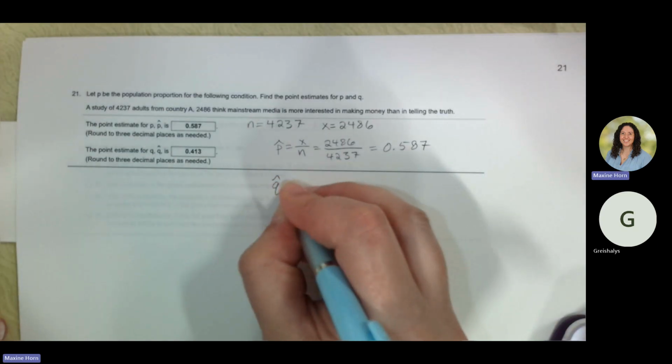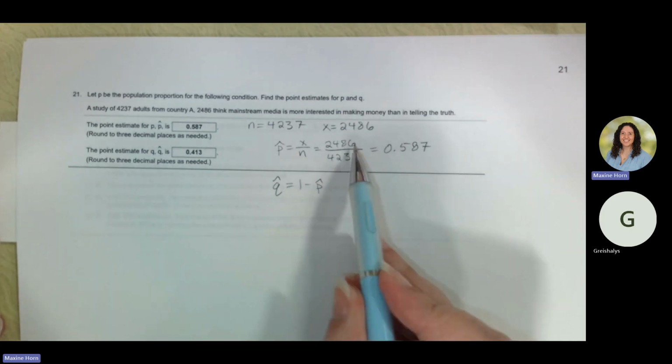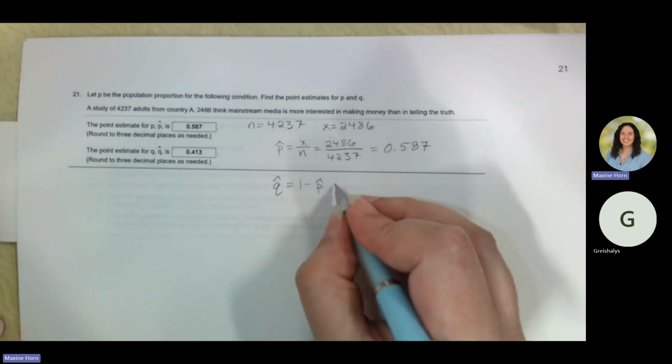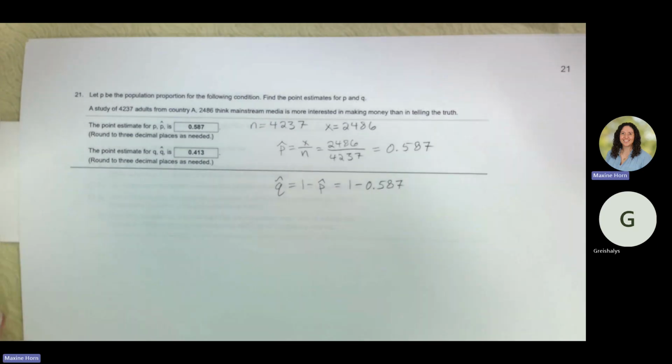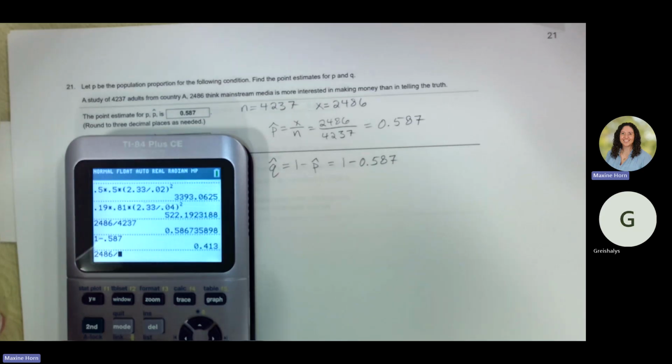So remember, q hat is the complement of that. It's 1 minus p hat. Now, if you wanted to, you could do it as a fraction. I'm going to do it as a decimal first because that's going to be the fastest way, because I'm just going to subtract this decimal, right? I'm just going to say 1 minus 0.587, or when I was at 2486 divided by 4237, I could have done 1 minus and then second answer.